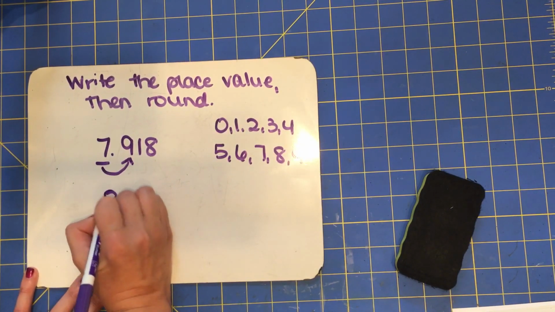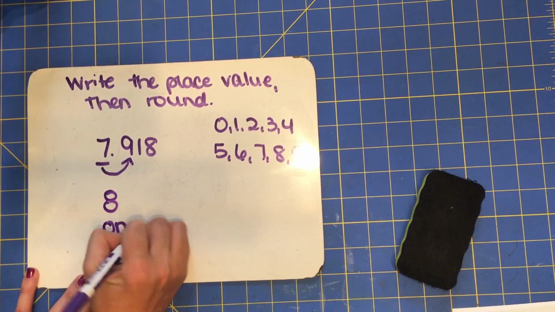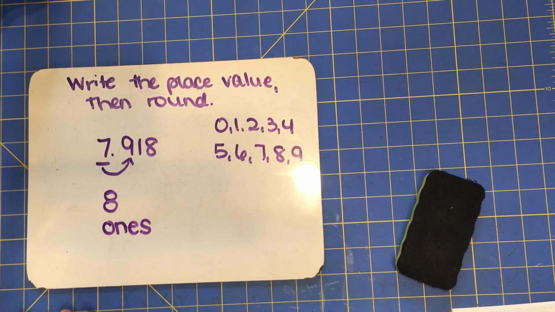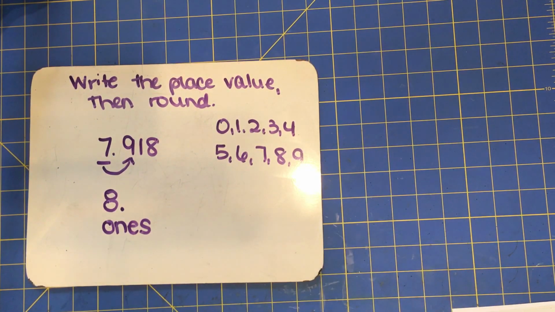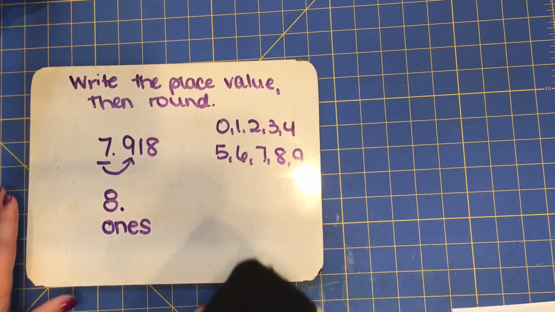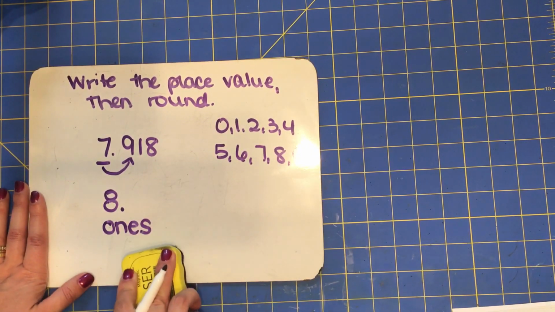So the 7 becomes an 8, and we rounded to the ones place. You could put the decimal point, but don't put any zeros after it, because we're rounding to the ones place. There's no extra zeros after it to hold its place.